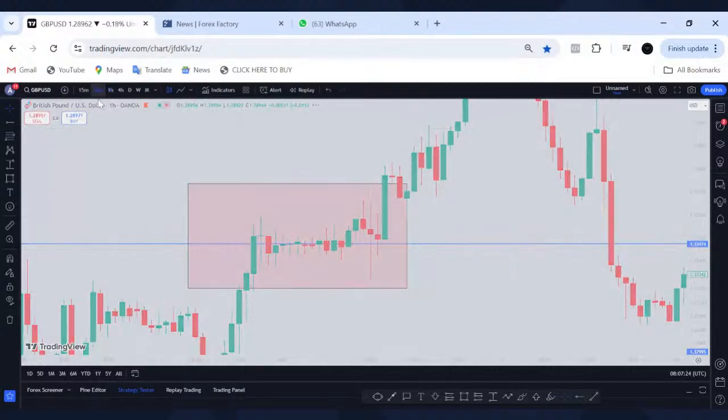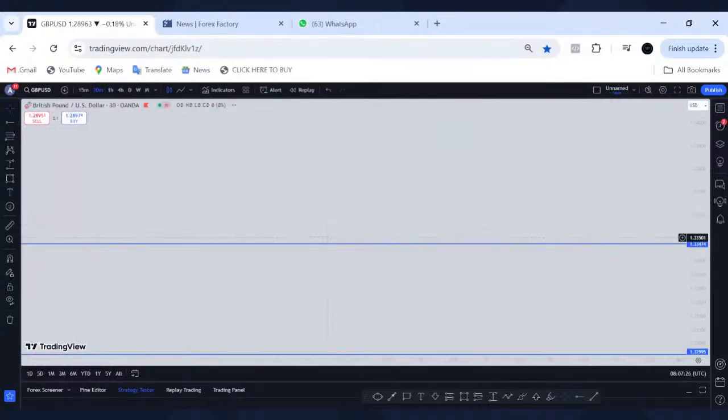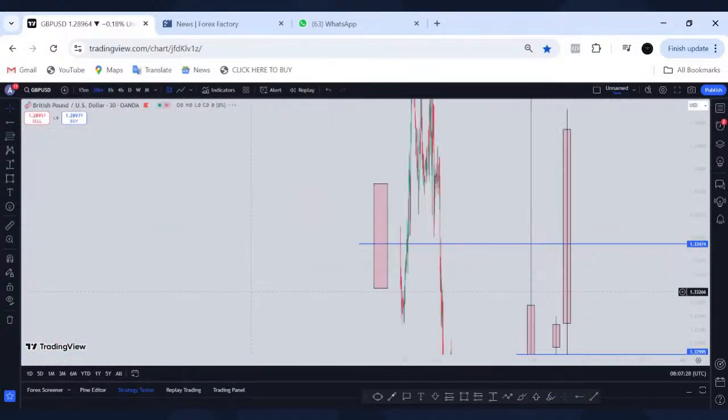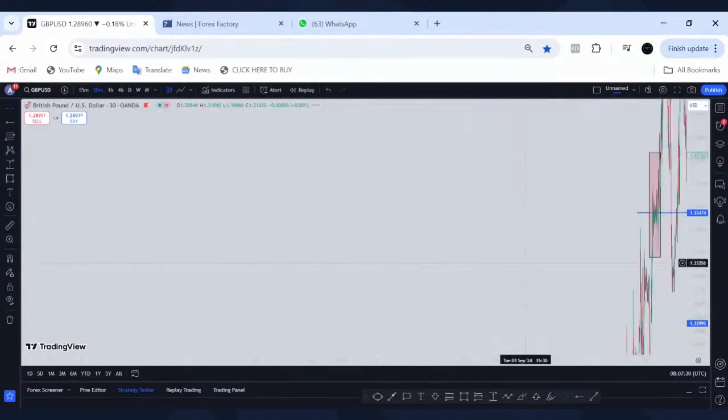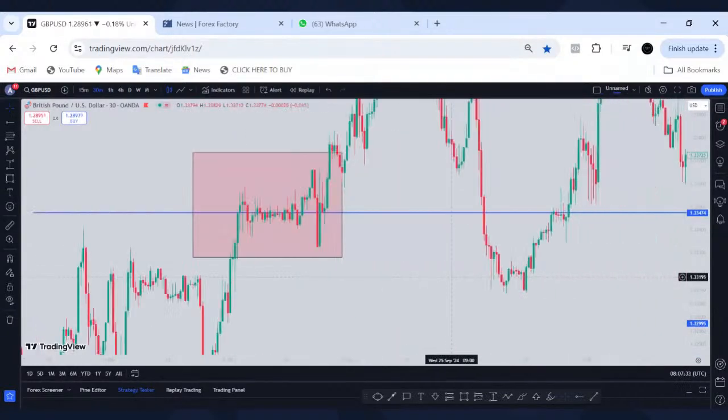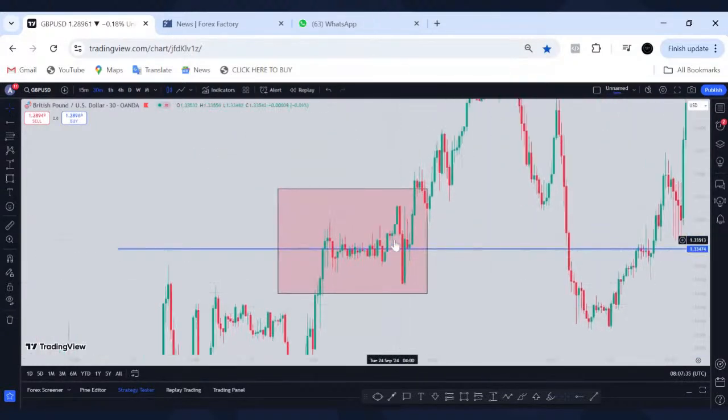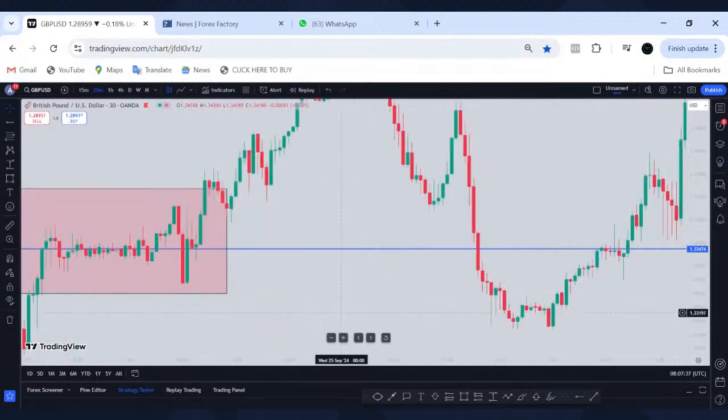We entered at the 30 minutes. The trade didn't go as expected. Yeah, so we entered around this side.